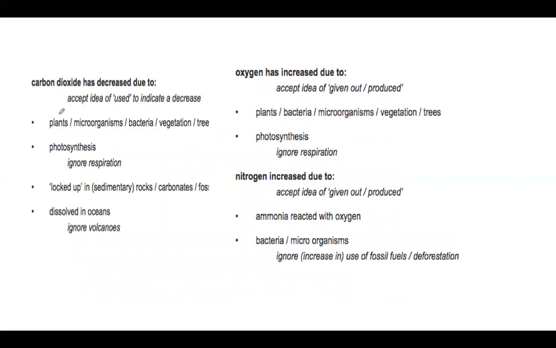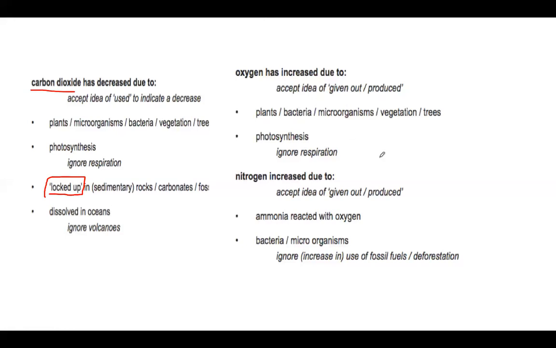So probably need to have at least 2 points for each gas. Carbon dioxide, of course, is the long one because, yeah, there's quite a few points there. Just notice here that this word locked up, you need to use the right keyword there. Okay. All right, so give yourself there a mark out of 6.